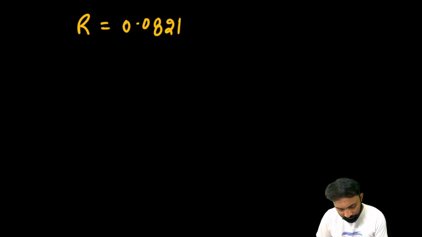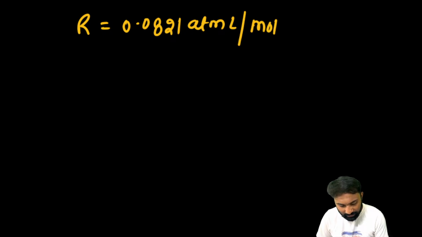Now we know the universal gas constant R value. R is equal to 0.0821 ATM liter per mole Kelvin. This unit has come from the ideal gas equation, PV is equal to nRT. Clear?